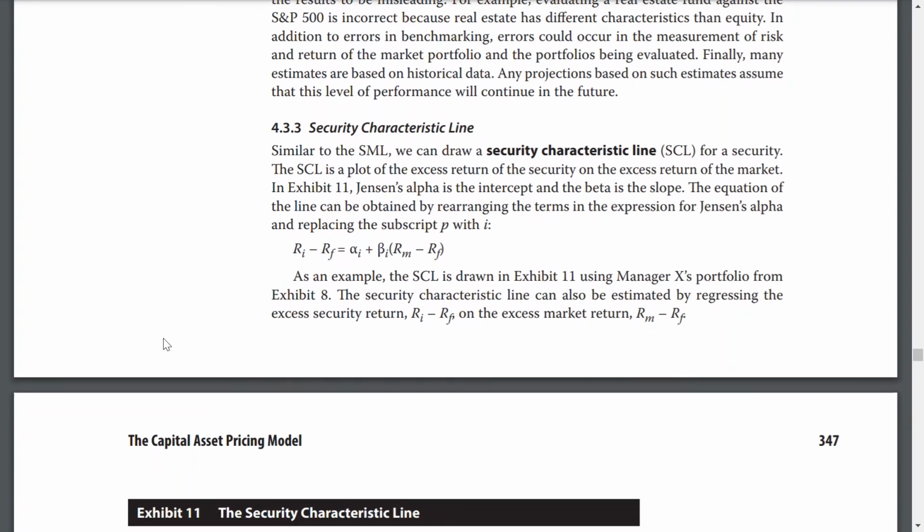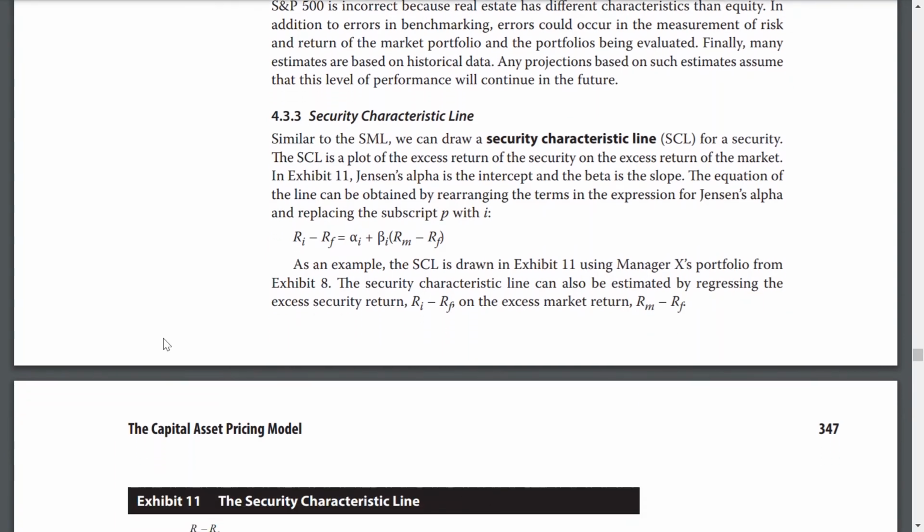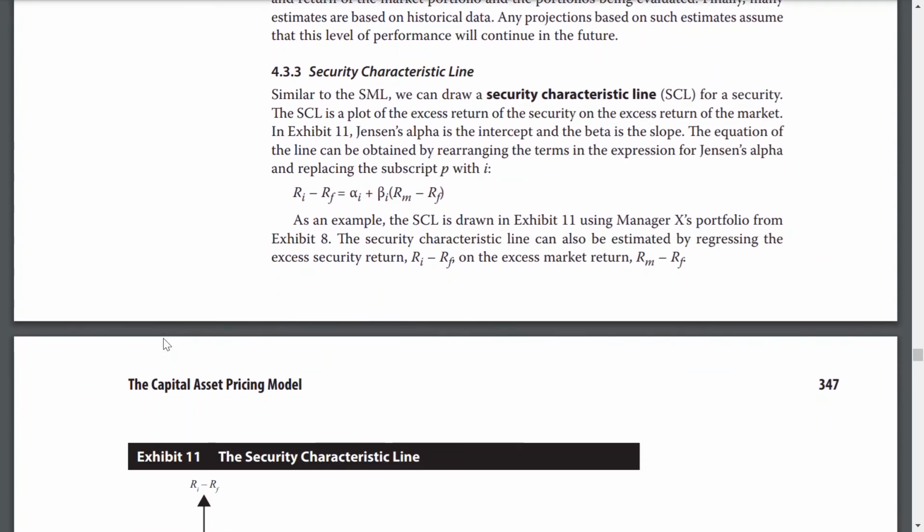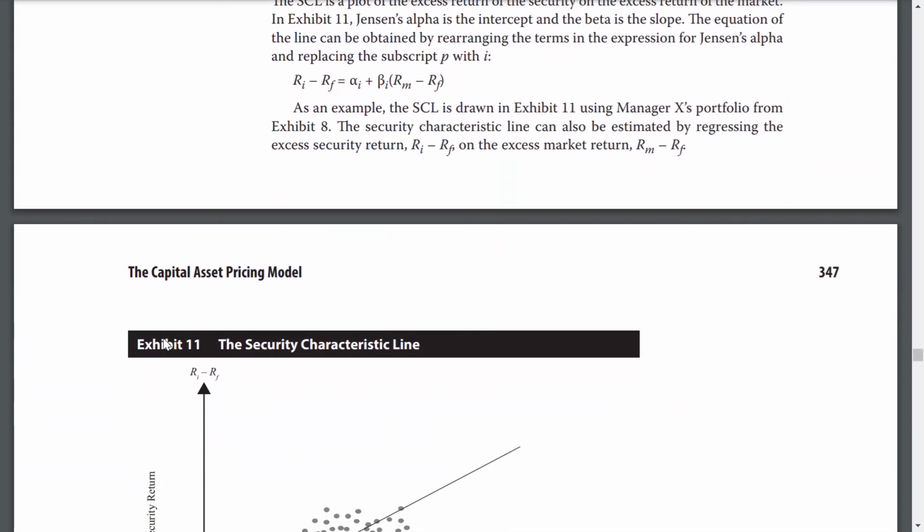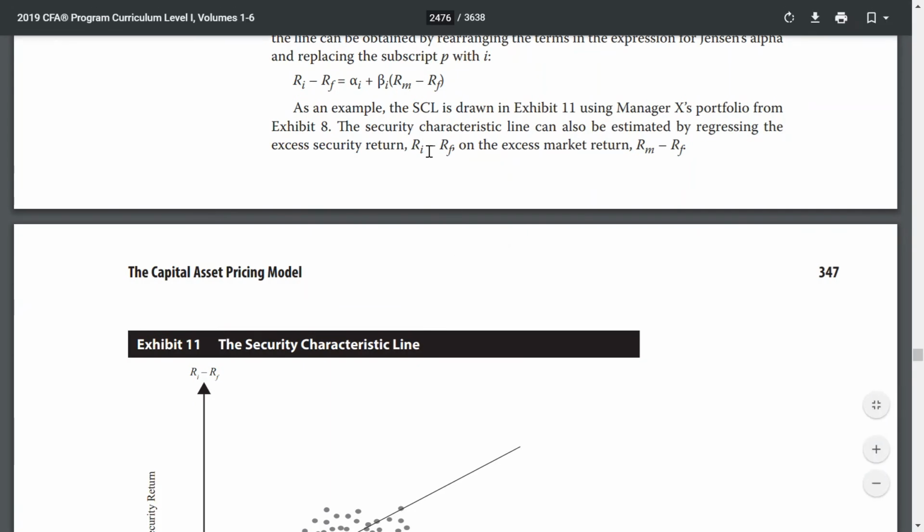As an example, the SCL is drawn in Exhibit 11 using manager X's portfolio from Exhibit 8. The security characteristic line can also be estimated by regressing the excess security returns, R_i minus R_F, on the excess market returns, R_M minus R_F.